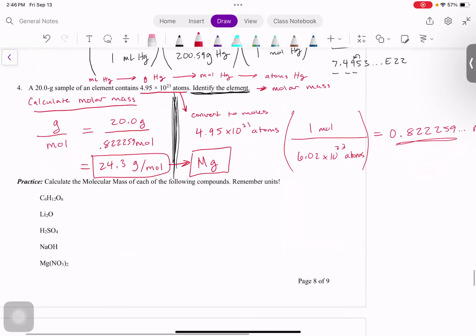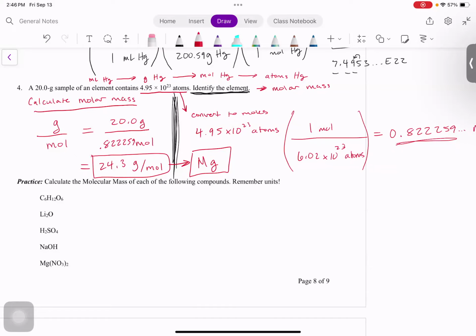All right. The next few examples are dealing with, instead of single atoms, compounds. So when you are determining the molar mass of a compound, what you're doing is adding up the molar masses of each element that's present in the compound.